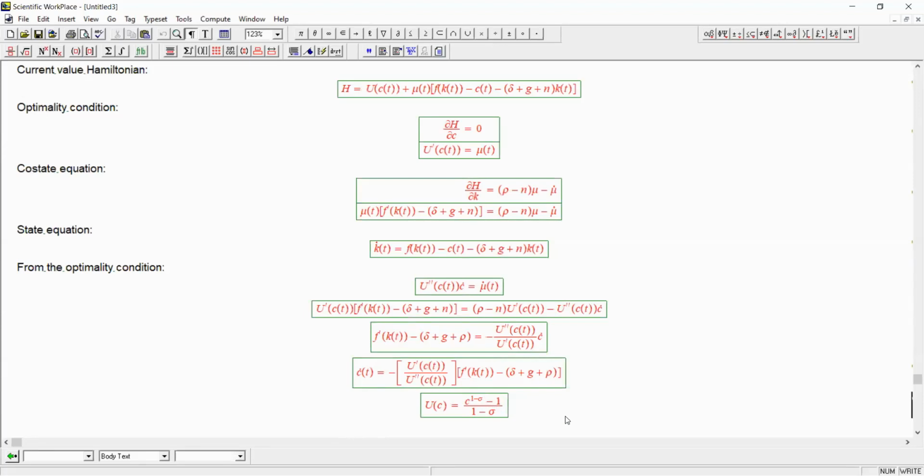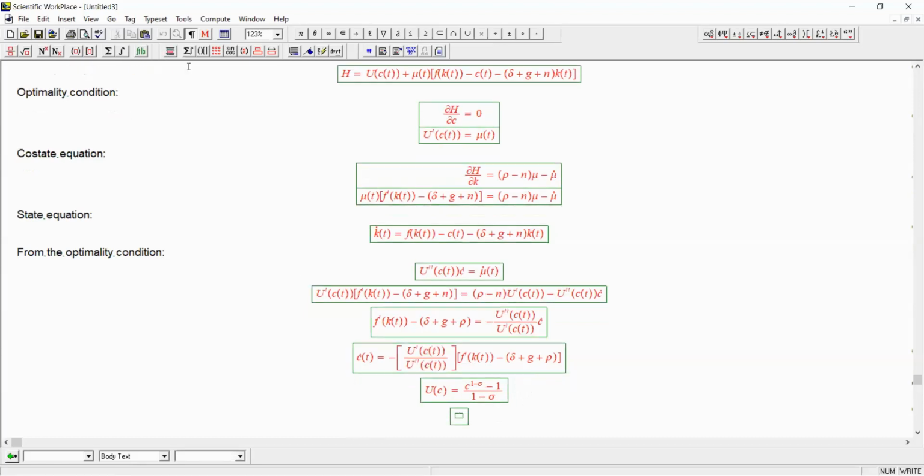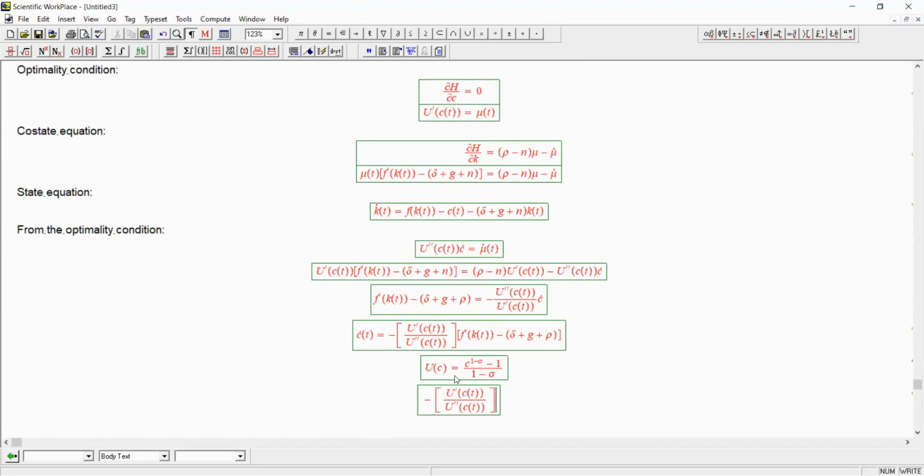What happens is that if you take the limit of this function as sigma goes to 1, it actually turns into the natural logarithm of c. You can show that with L'Hopital's rule, but it's not going to work if this -1 is not there, even though it doesn't actually affect behavior for any particular value of sigma. Now in this case, this expression here is going to have a particular value. Let's figure out what it is.